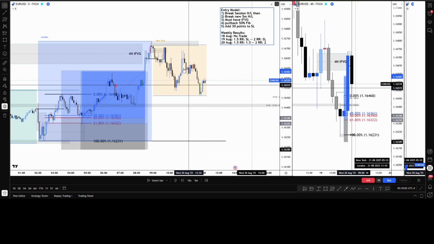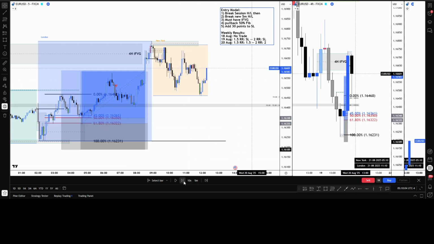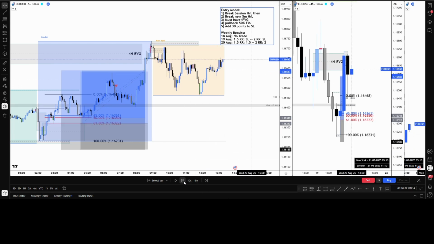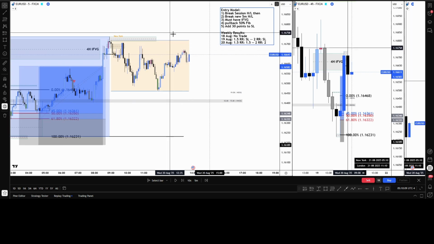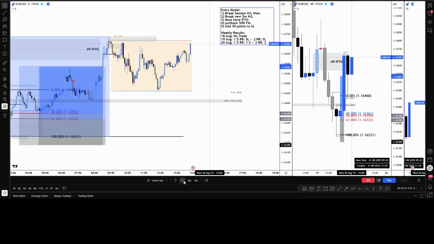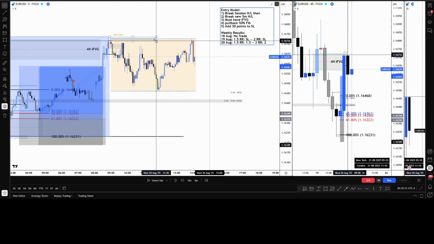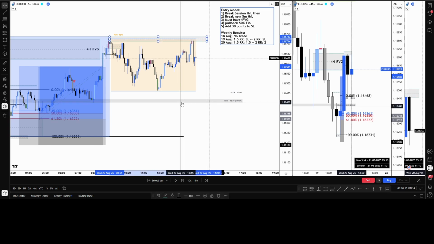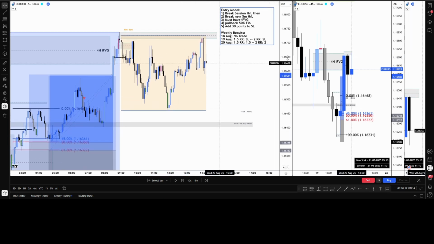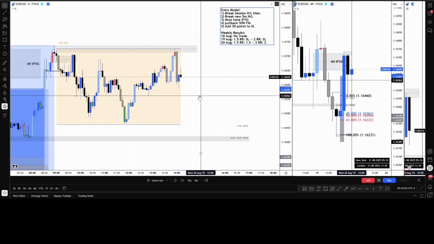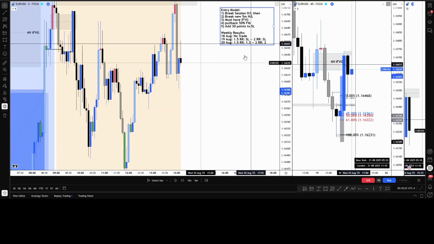Okay, so price never came back to the top. Came very close a few times now. There we go. All right. Price tested this, right? What are we waiting for now? We are waiting for a low to be broken, right?